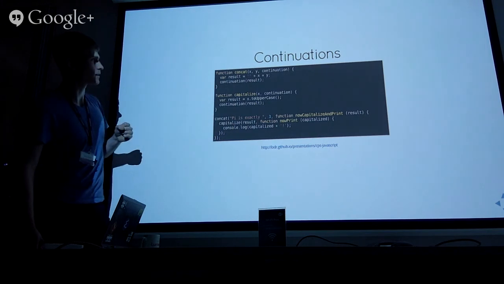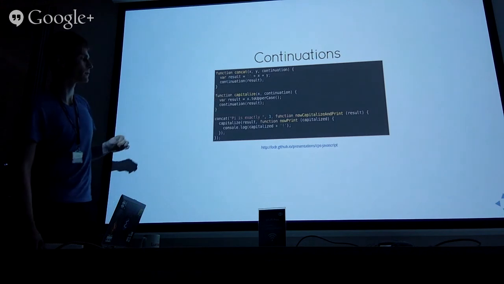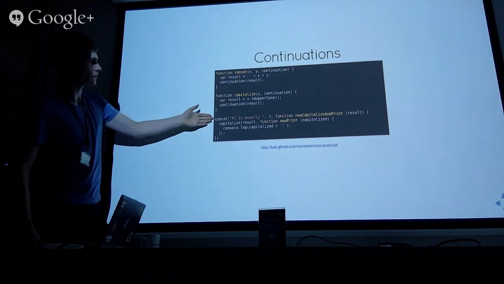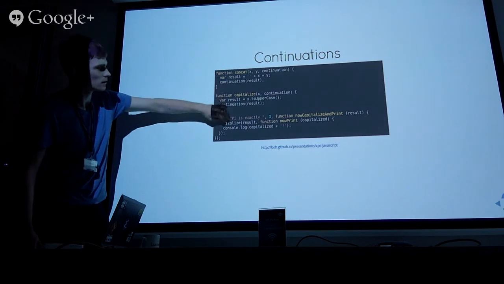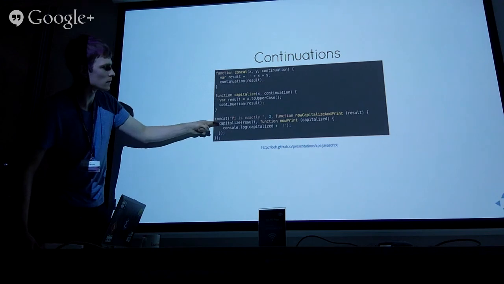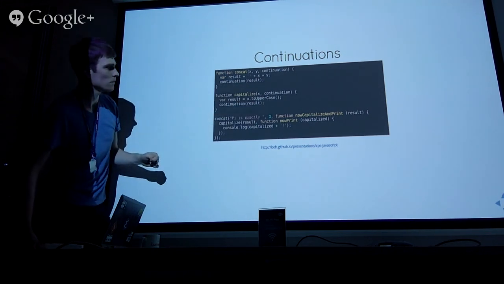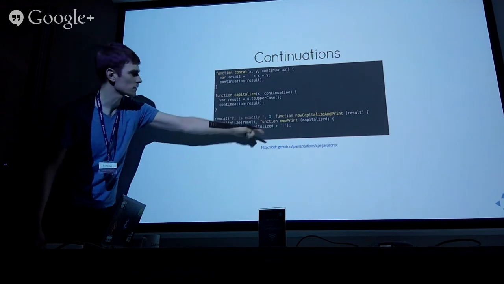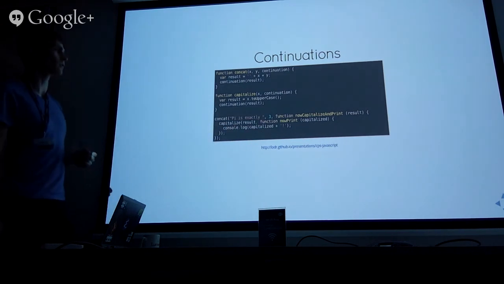Then we have capitalize, which also takes a continuation and invokes it with the result of this computation. And we invoke this in this manner: arguments, continuation. In the continuation, we have another function which takes this result and takes it from there, and has another continuation which passes the whole result to console log.